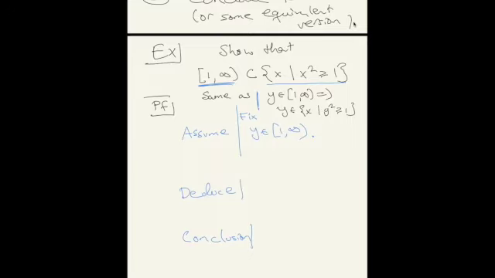Then you deduce from it. So you massage this condition into forms that become more useful. So here it's useful to write that this implies, or it's equivalent to, y bigger than or equal to 1, because that's the definition of that interval. All the numbers that are bigger than or equal to 1. Because y is bigger than or equal to 1, then by properties of inequalities, we know that y squared is bigger than or equal to 1.